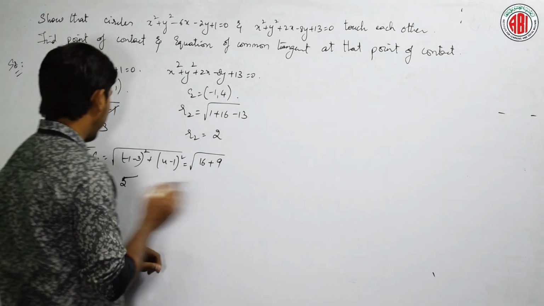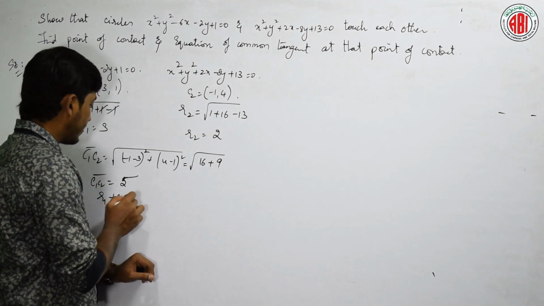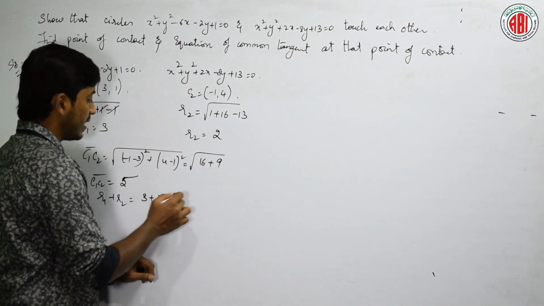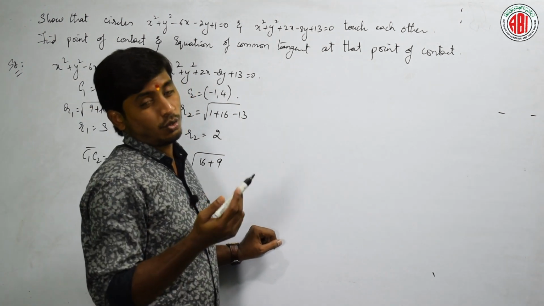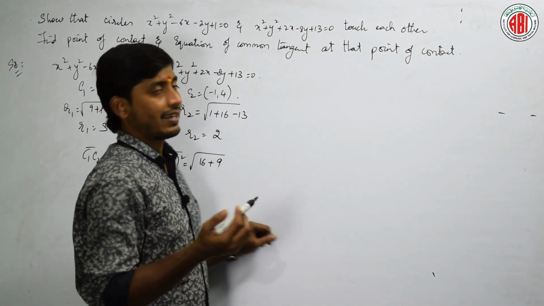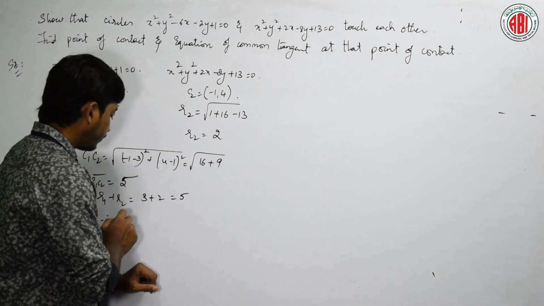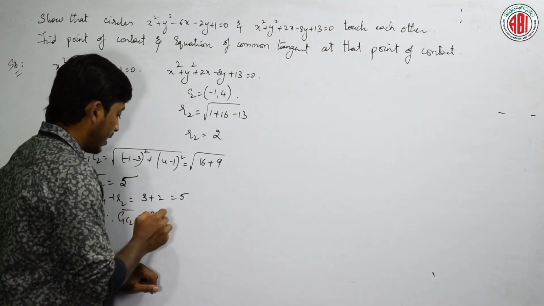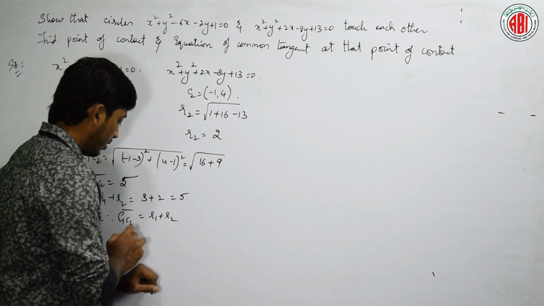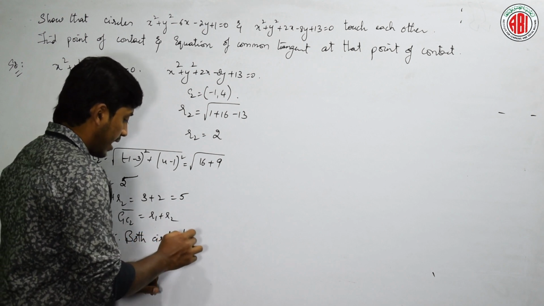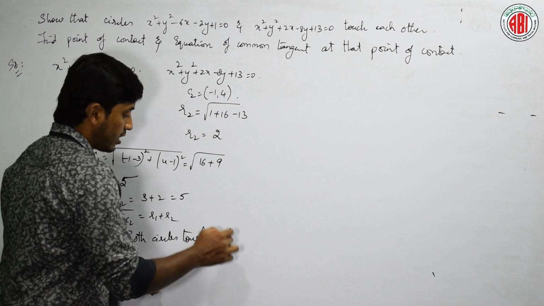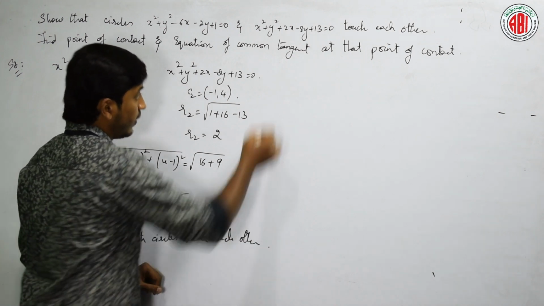Similarly can we find R1 plus R2? R1 plus R2 is 3 plus 2 which is 5, isn't it? So are the two circles touching each other? Yes, right. Therefore C1C2 is equal to R1 plus R2, therefore both circles touch each other, right.